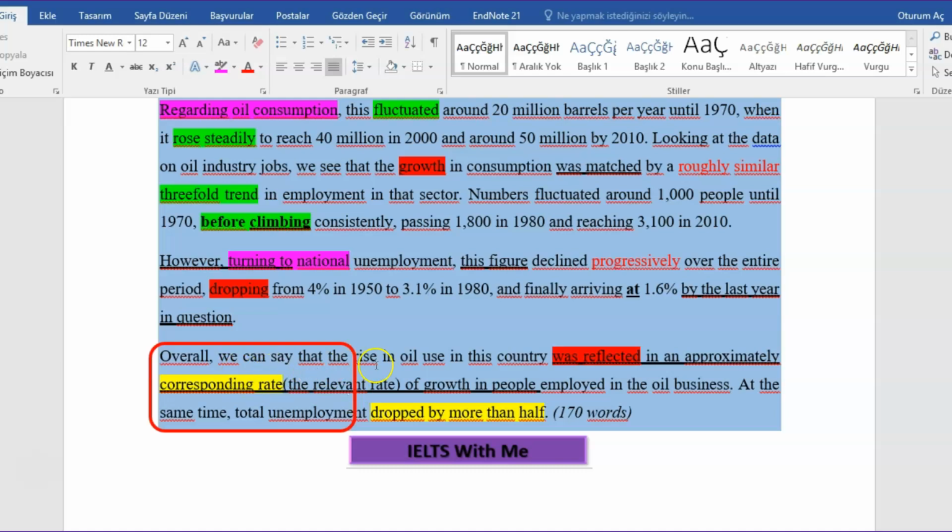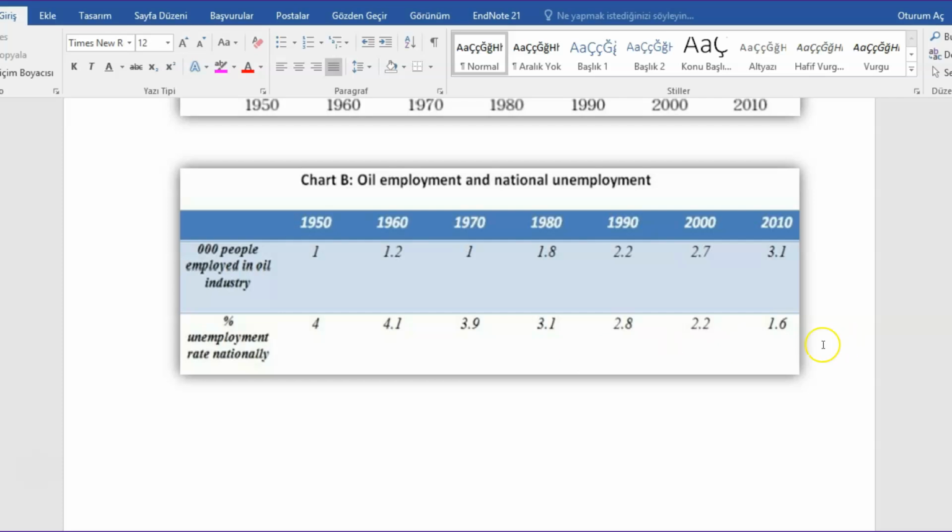We can say that the rise in oil use in this country was reflected in an approximately corresponding rate of growth in people employed in the oil sector. At the same time, total unemployment dropped by more than half.